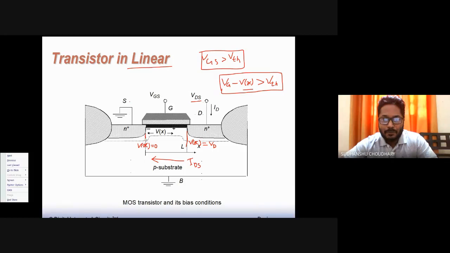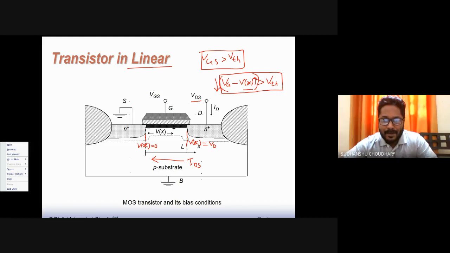Now, as you move from source to drain, Vx increases, so the overall Vg minus Vx reduces. As you move from source to drain, this Vx increases, and because of this increase in Vx, the overall Vg minus Vx reduces.